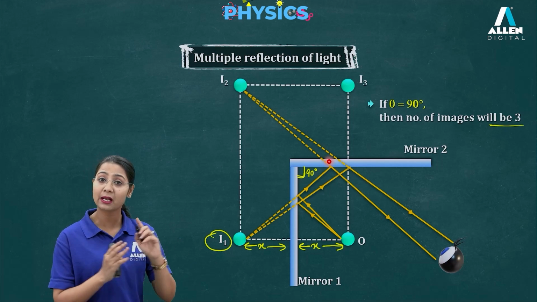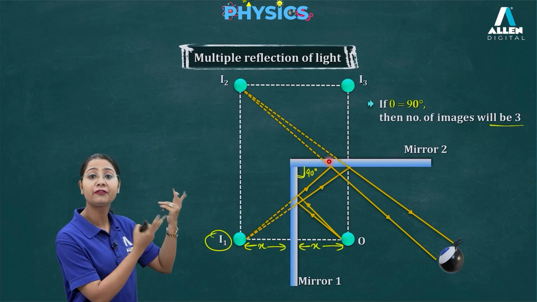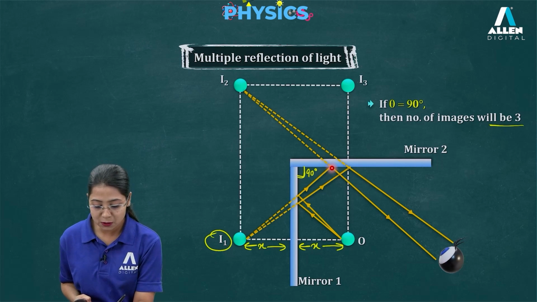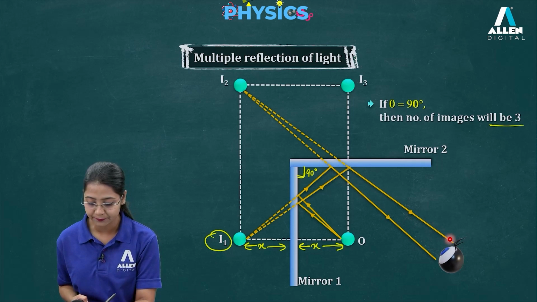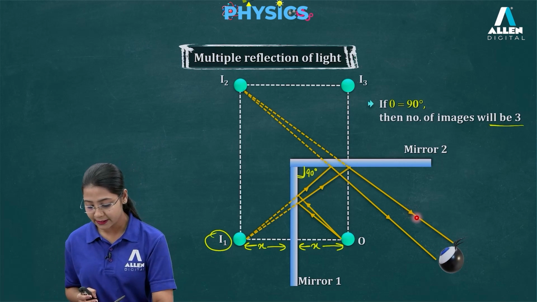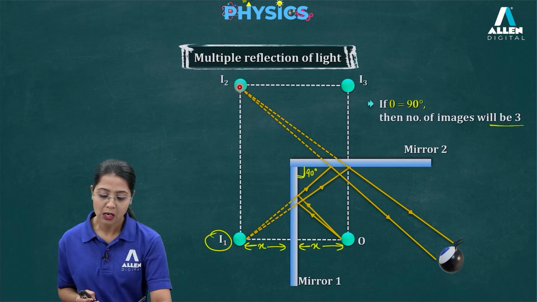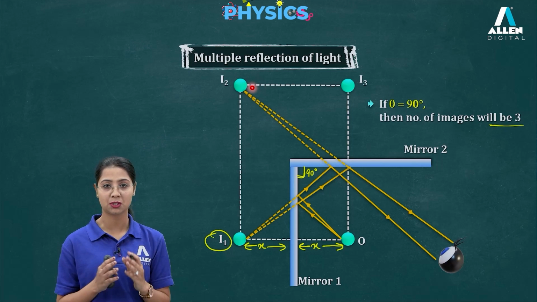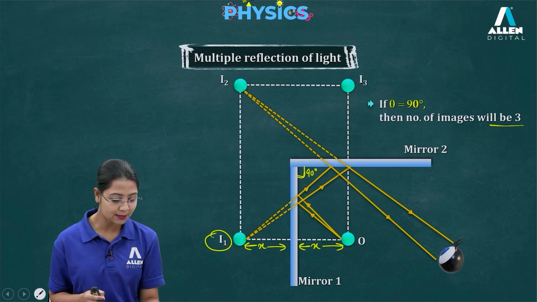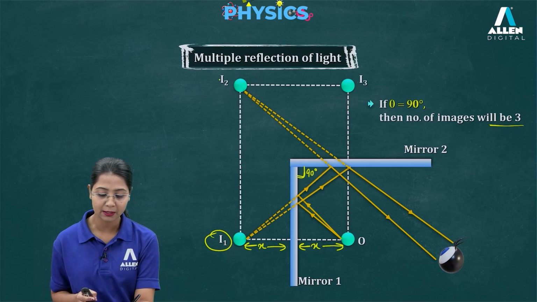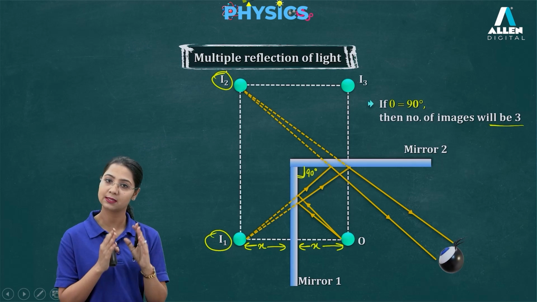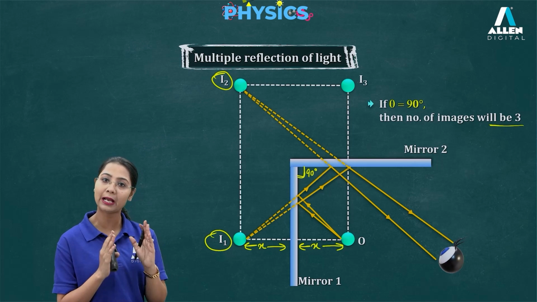That means again these rays will get reflected. Now if we extend these reflected rays behind the mirror, we will find they also appear to meet at this point. That means this is our second image, I2.